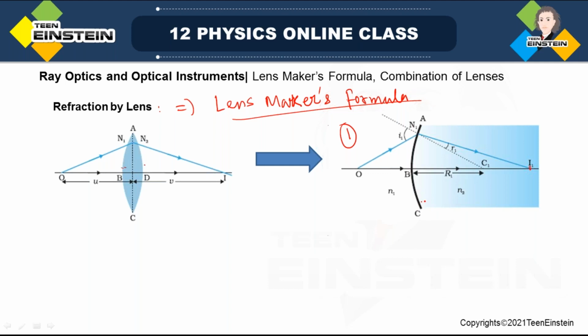Suppose from the center, this distance is V1. This ABC surface will create a real point image of this O at this particular point I1. So I1 is the point image of this object O, and this is happening out of refraction at the first surface ABC.